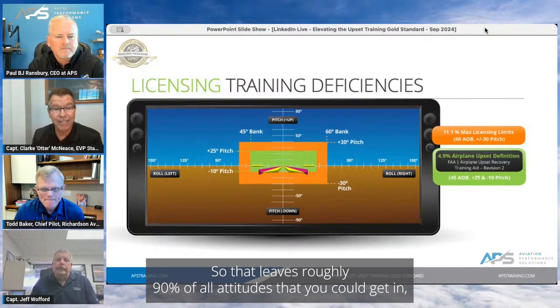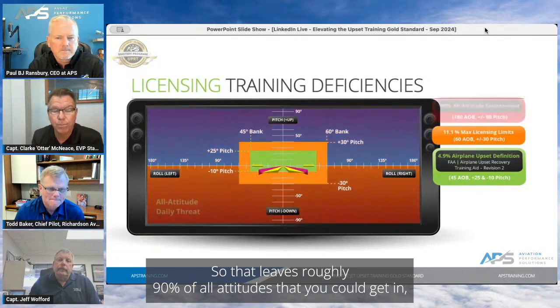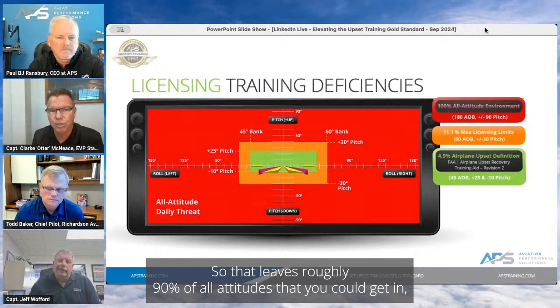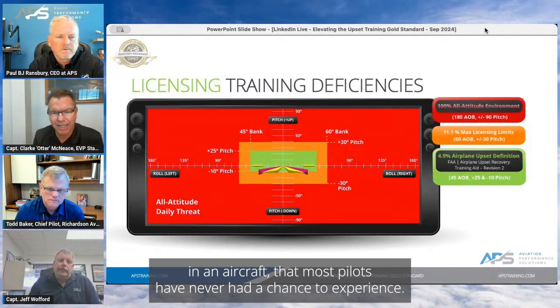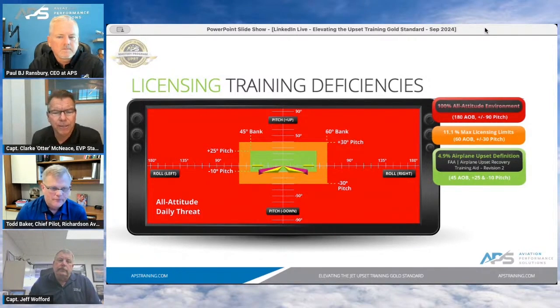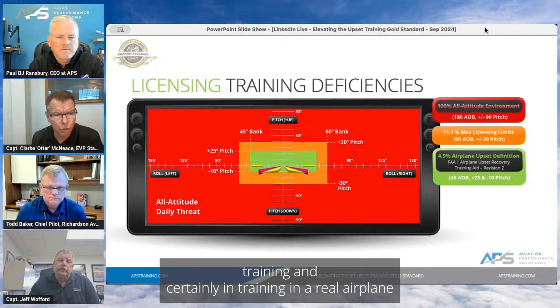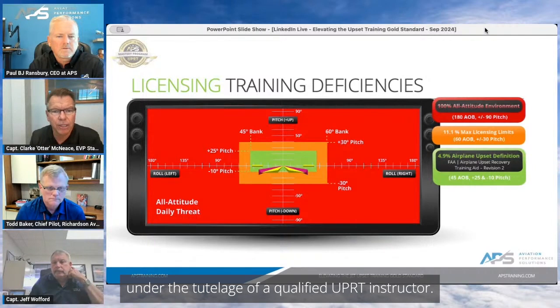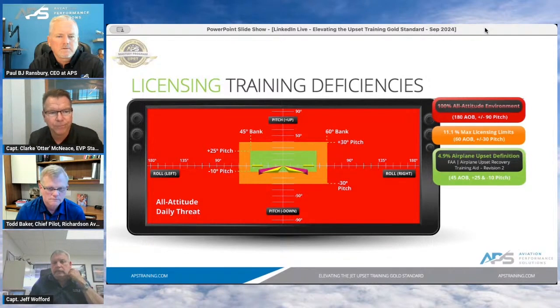So that leaves roughly 90% of all attitudes that you could get in an aircraft that most pilots have never had a chance to experience in training, and certainly not in a real airplane under the tutelage of a qualified UPRT instructor.